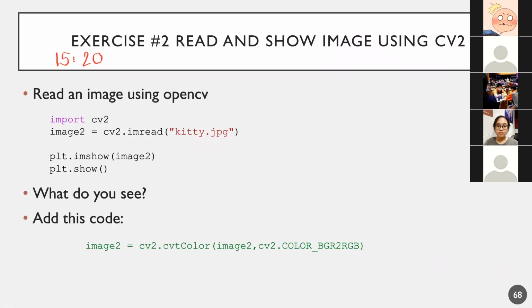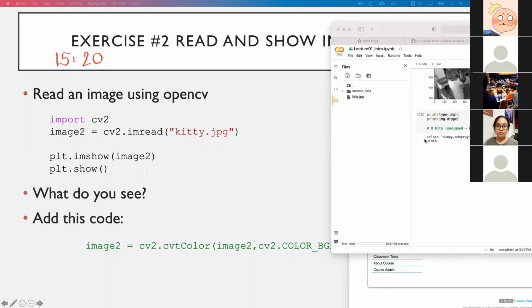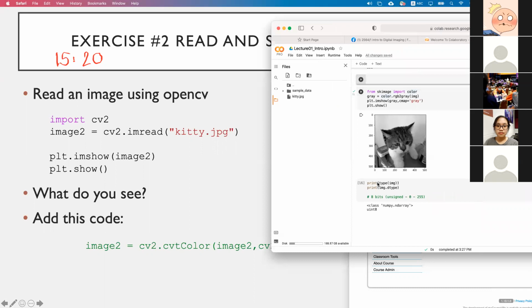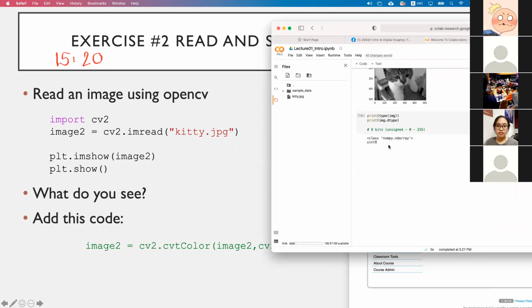So next, I want you to try to use OpenCV because it is quite commonly used. You were saying I will use IO all the time, but whenever you study at higher levels, you sometimes have to use some libraries that may use OpenCV.